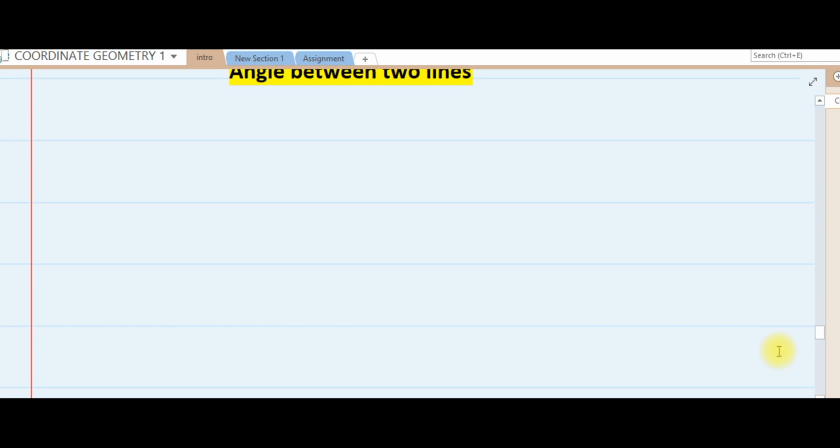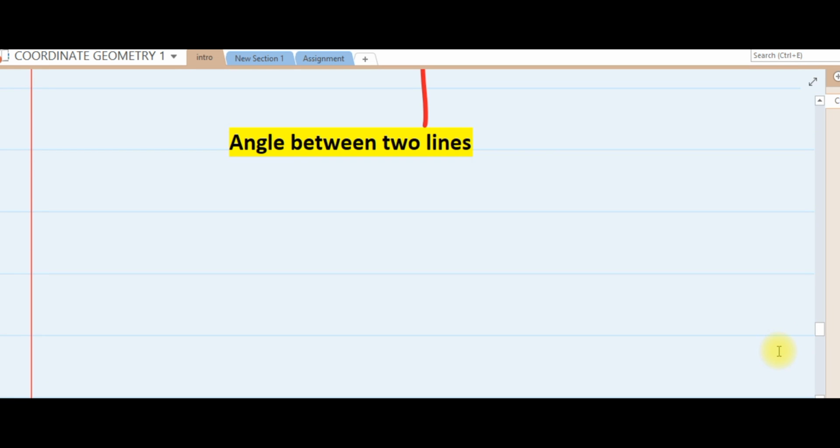So the next one is now the angle between two lines. The angle between two lines. So assuming we are given this, the first line, and we are now given another line, this.